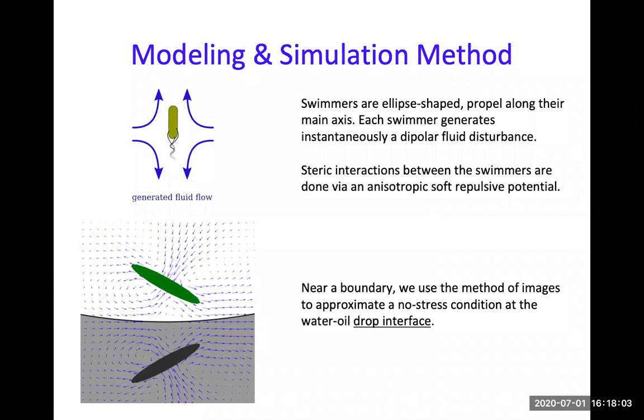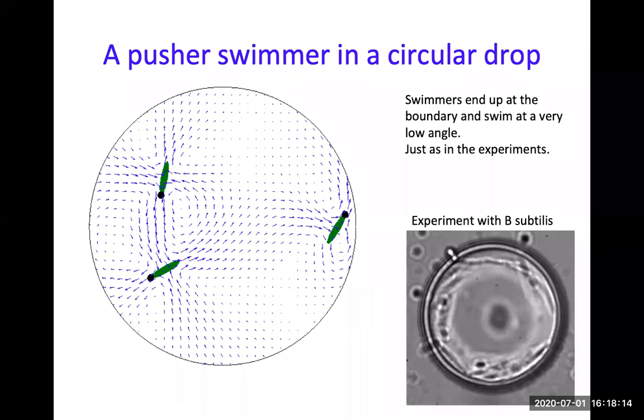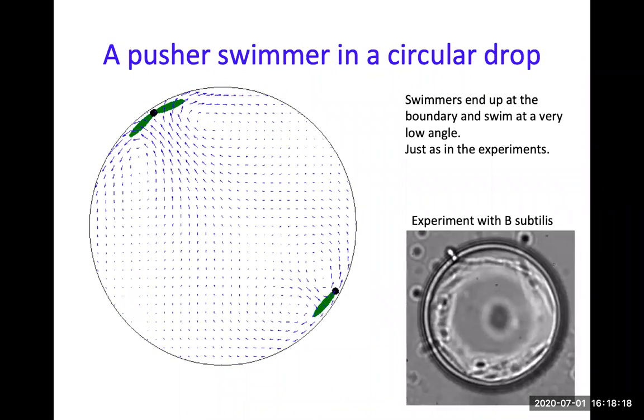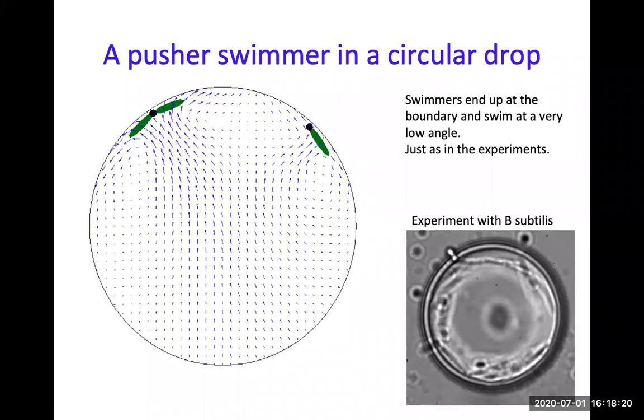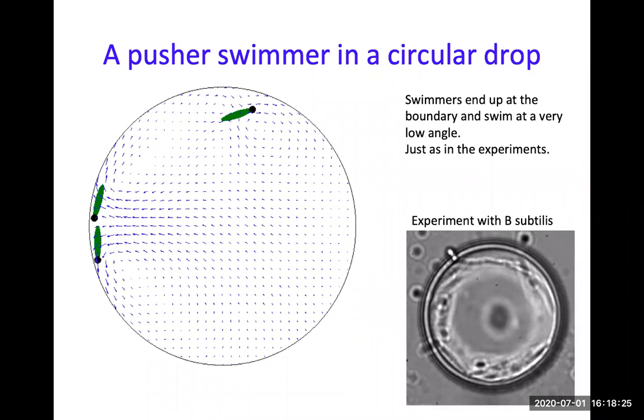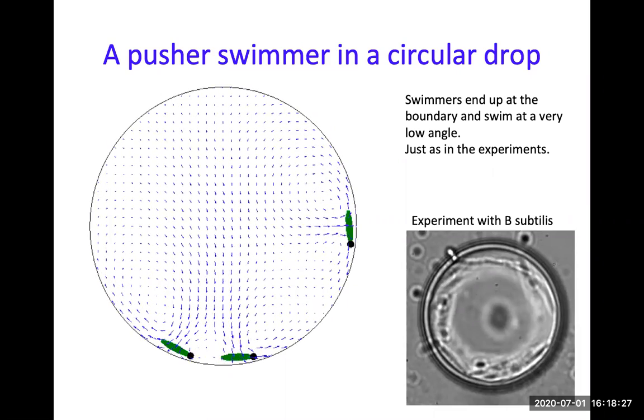So sure enough, one can modify this numerical method to include simple enough boundaries, like a water-oil drop interface. It can be done. And what do you have? Here, and one can do this in 2D or 3D, but 2D is computationally easier. You have a few swimmers, and just because they're moving in some direction, they will hit the boundary.